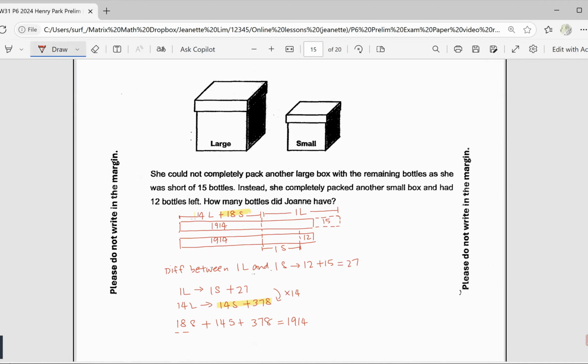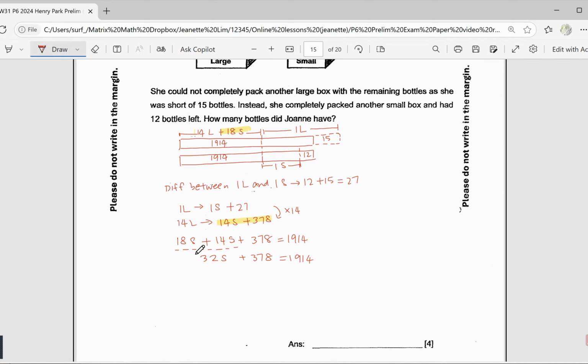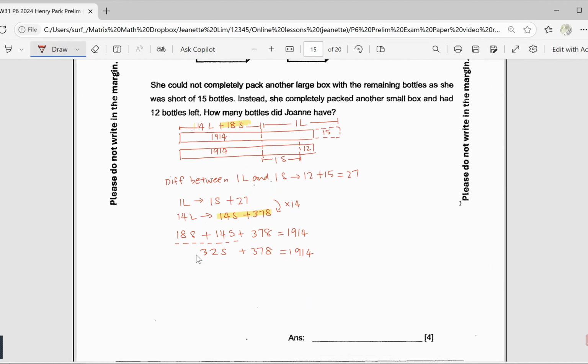And when you combine this part here, that's 32 small. And now we find what is 32 small, which is 1914 minus 378.